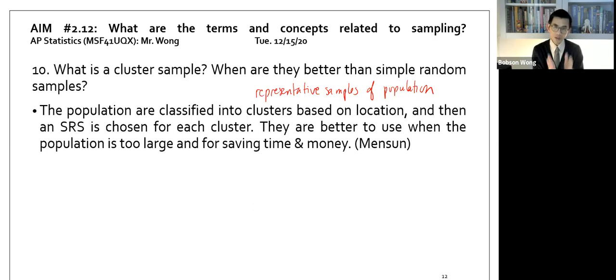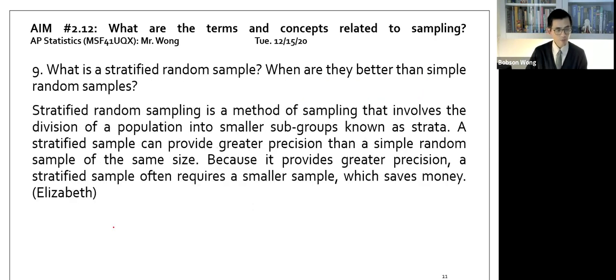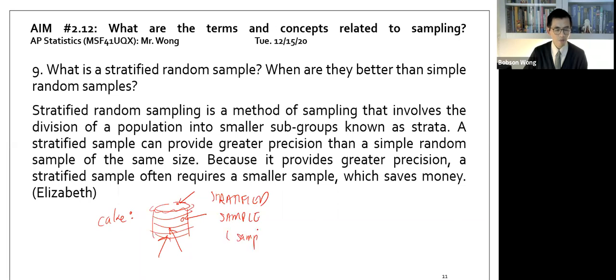So a stratified random sample would be, if we have a cake with different layers, we take a sample from each layer.